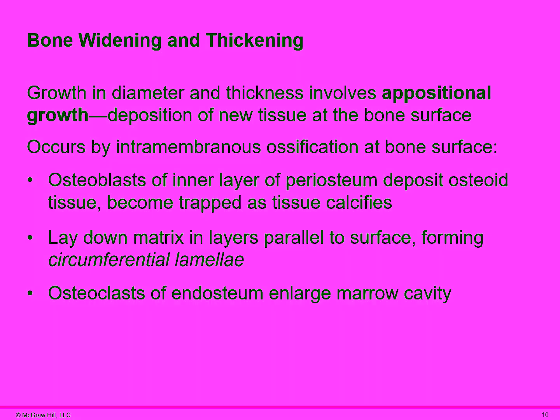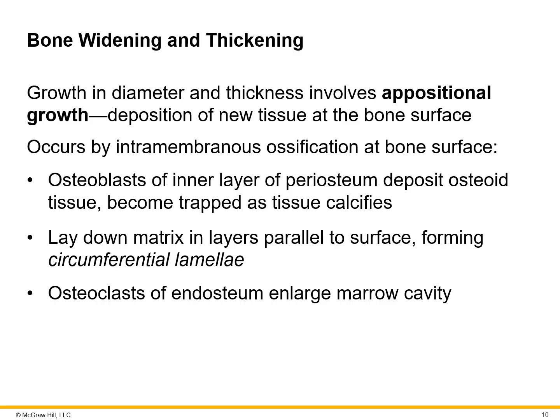And when they do this, they are laying them down in specific directions or patterns. And it's going to be in layers that are parallel to the surface, and it forms circumferential lamellae. And then they are trapped in that calcified tissue in a little lacuna, and they will differentiate and turn into osteocytes.